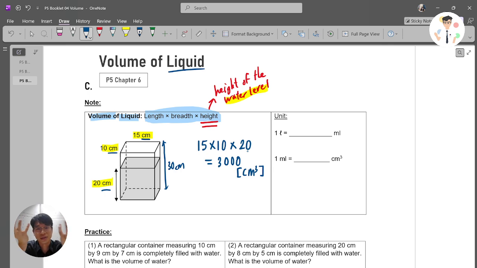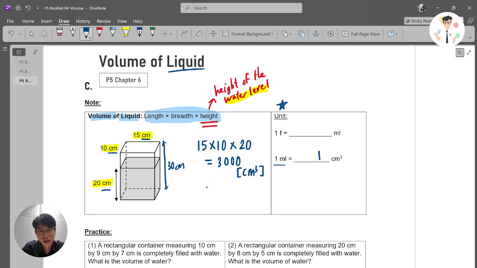Now there is a part where we talk about the unit here. What you really need to know is 1 ml is actually equal to 1 cm cube. Teacher, is it actually the same? Yes, it's the same. So 1 cm cube is actually 1 ml.